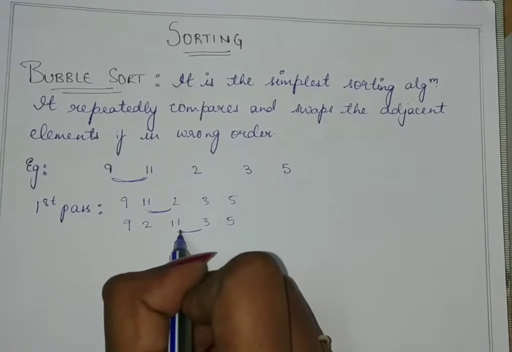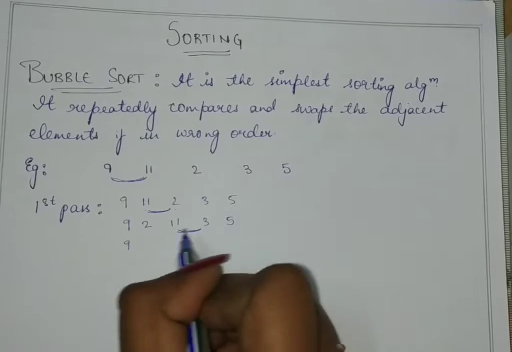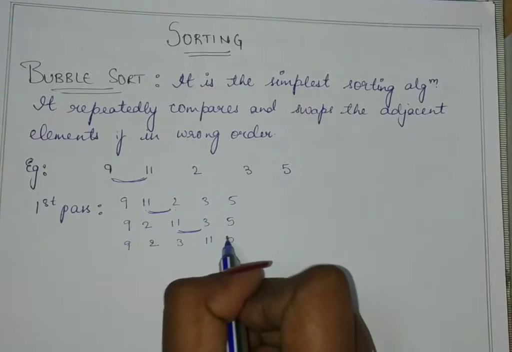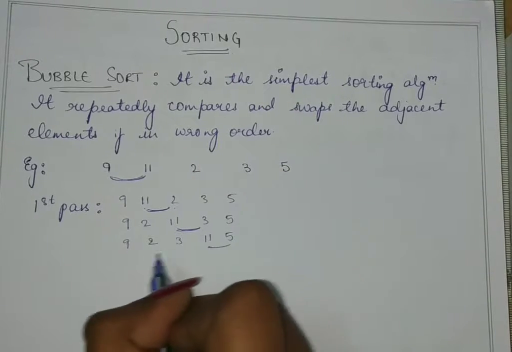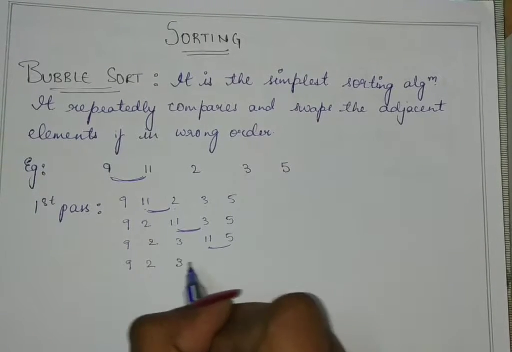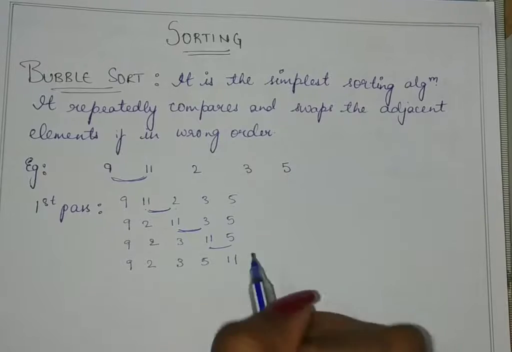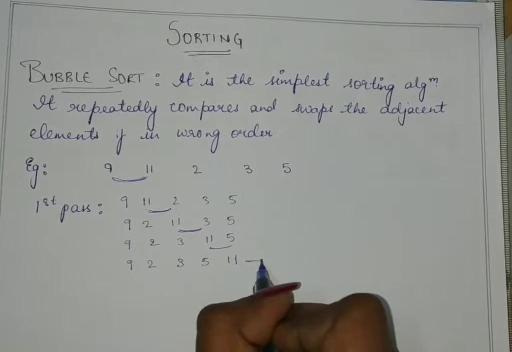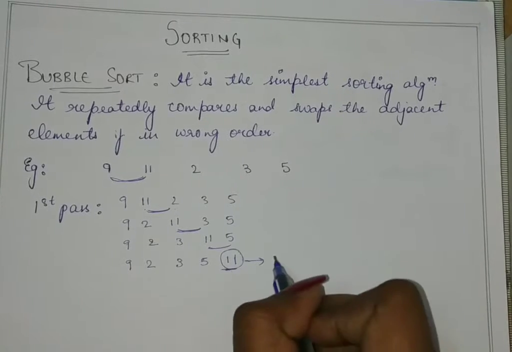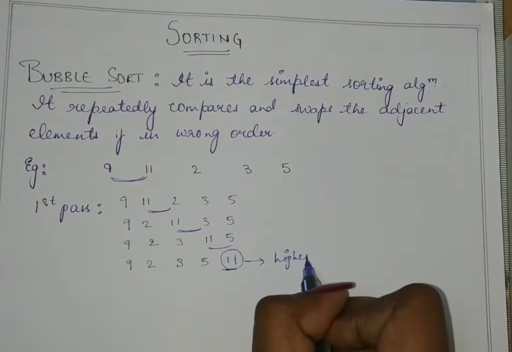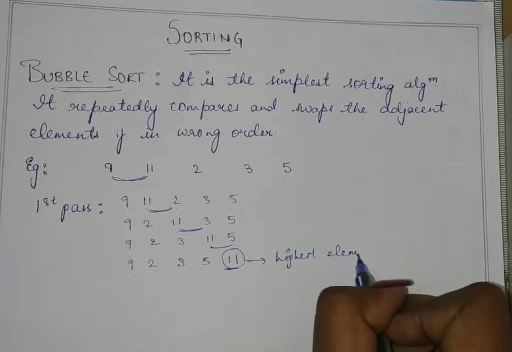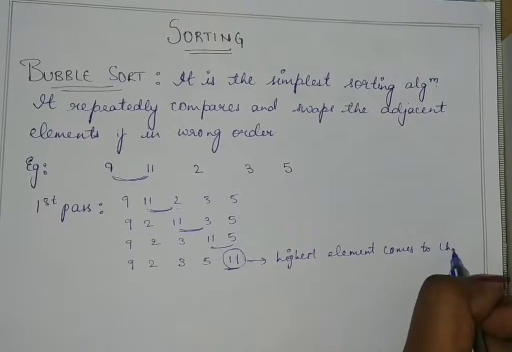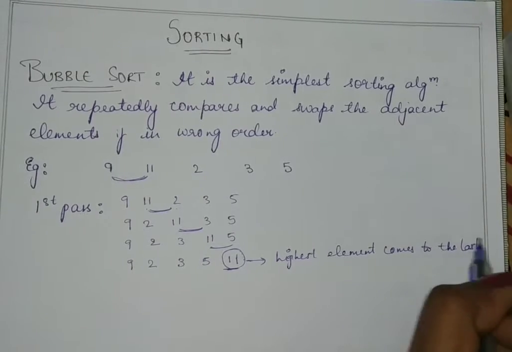And then it compares these two elements, and again 11 is greater than 3, so it swaps these two elements, and again you can see they are not in order, so it swaps again. So the first pass is completed, and you can see the highest element comes to the last at the end of the first pass.